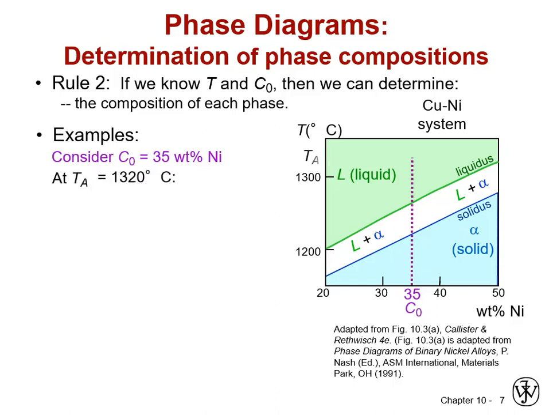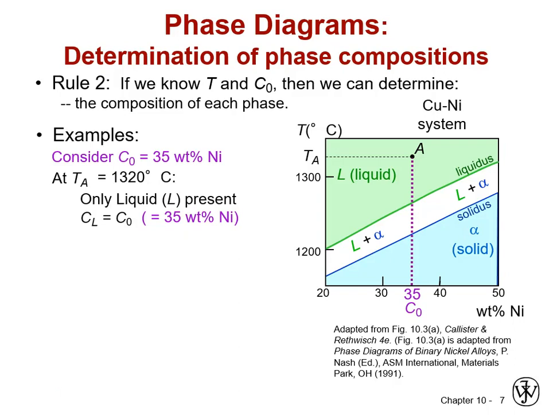So we're zeroing in again on our 35 weight percent nickel, which we started seeing was in the two-phase region in our previous slide. We're going to take a look at this composition and cool it down and see how the phase relationships change as we go from it being all in the melt to being in the solid.